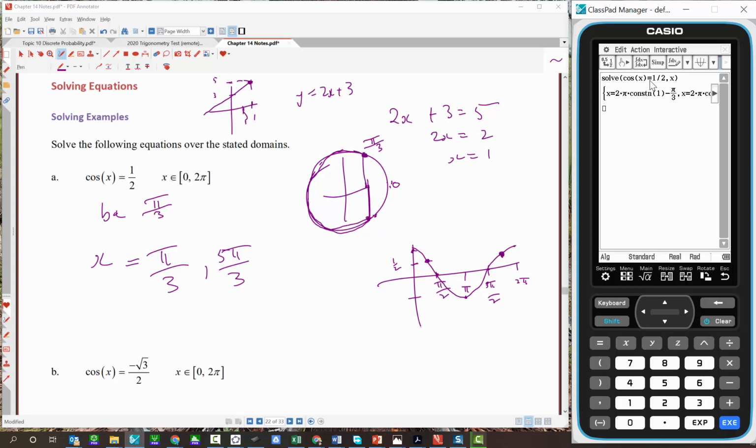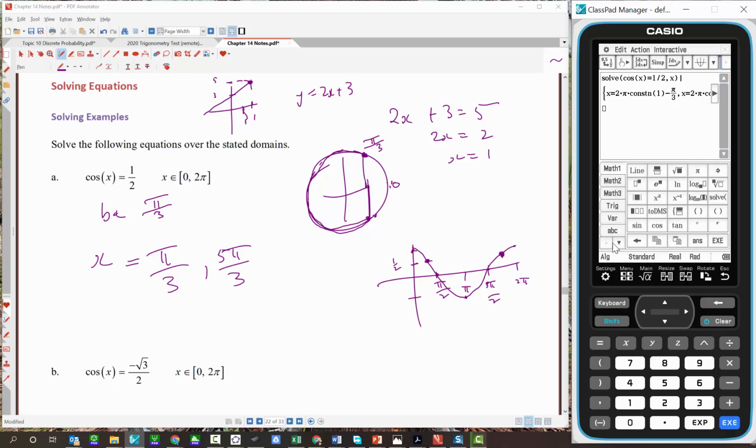We'll say solve cosine x equals a half, comma, x, or let's give it the domain, which is going to be 0 less than or equal to x, less than or equal to 2 pi.